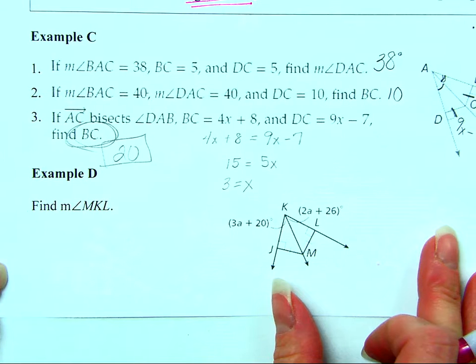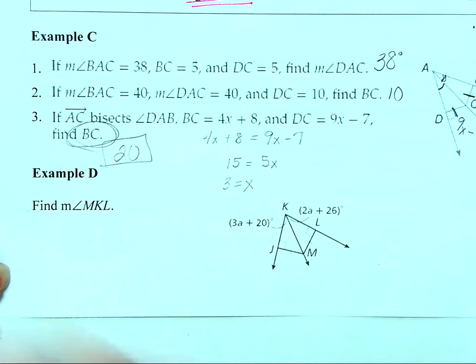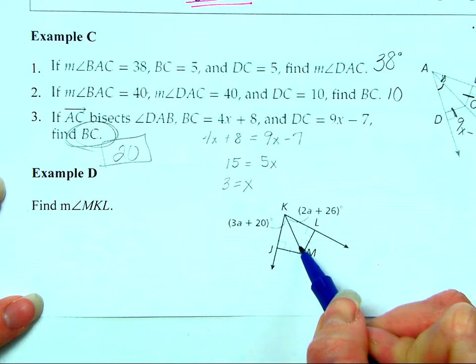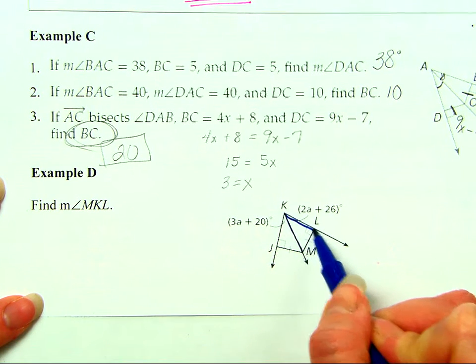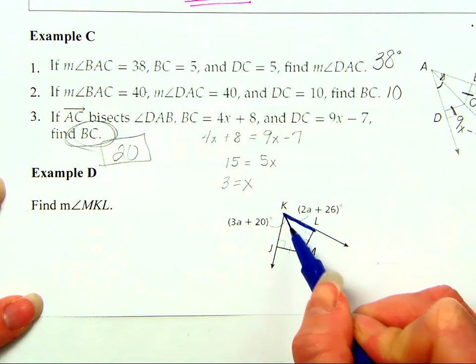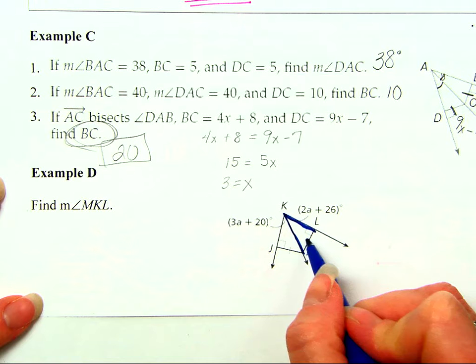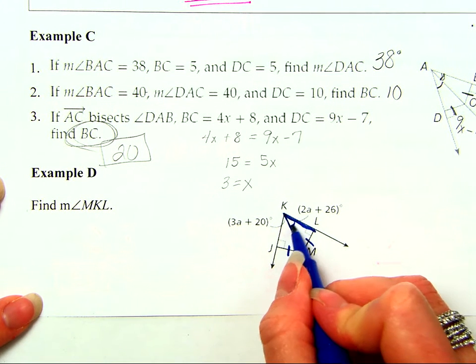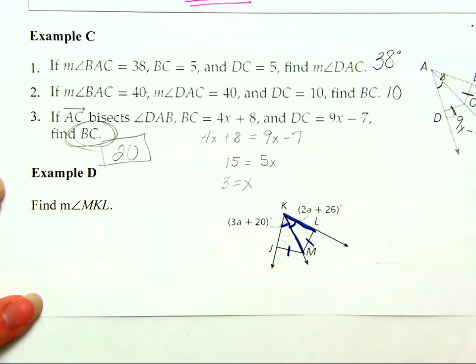One more. Example D. Find the measure of angle MKL. So angle MKL, right in here. Well, here my tick marks tell me M is equidistant to the sides of my angle, which must mean we have an angle bisector.